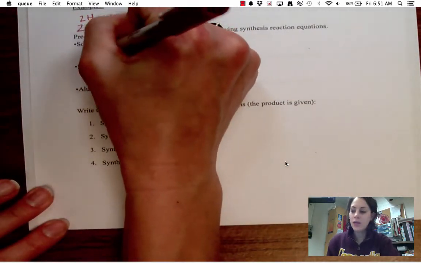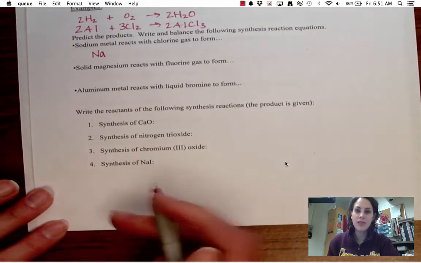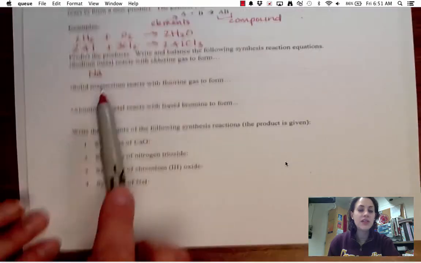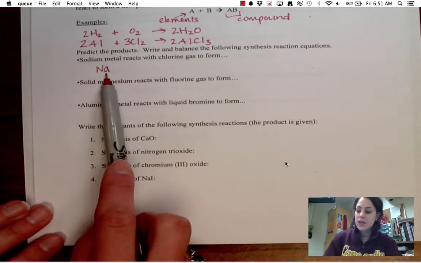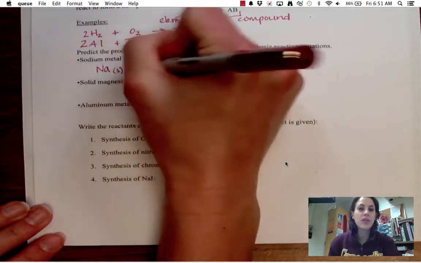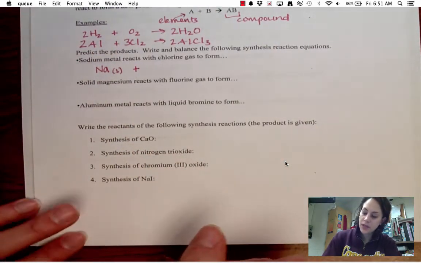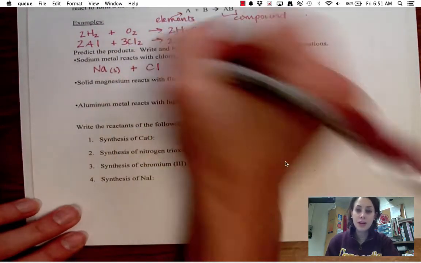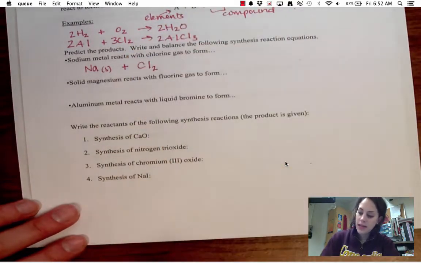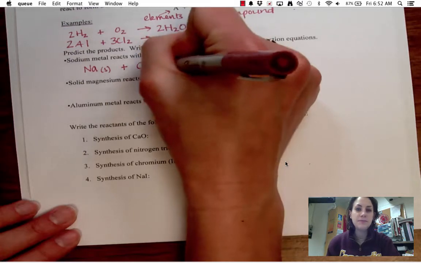Na is not one of my Brinkelhoff elements up here, and so it doesn't get a little 2 next to it. I have to check for that every time. So sodium metal, that's a solid, reacts with chlorine. Now chlorine is one of the Brinkelhoff elements, diatomic, so it gets a little 2 next to it. It's a gas, so I can put a little g after it.